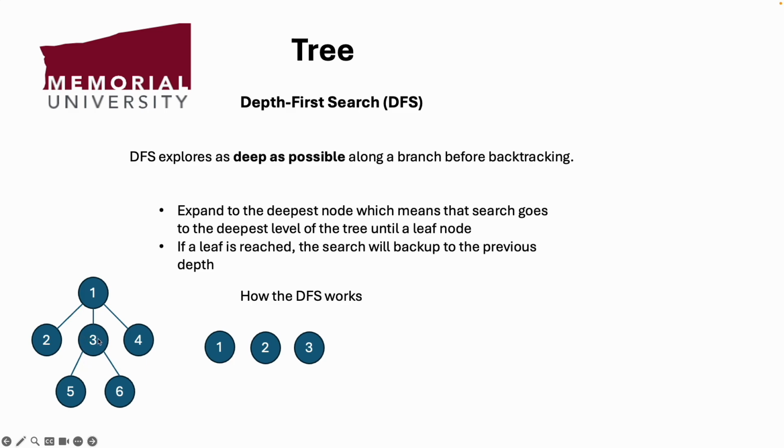Because node 3 has the children 5 and 6, it goes to the deeper level for 5, and then at the same level, 6, right? There's no deeper level for 5 and 6, so it comes back and visits node 4. So this is how depth first search works.